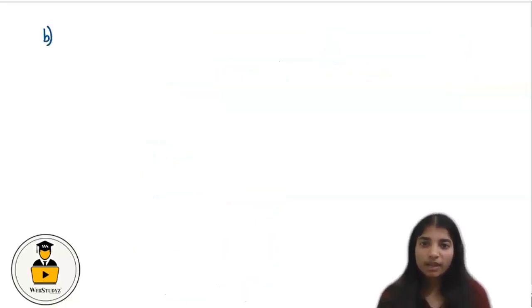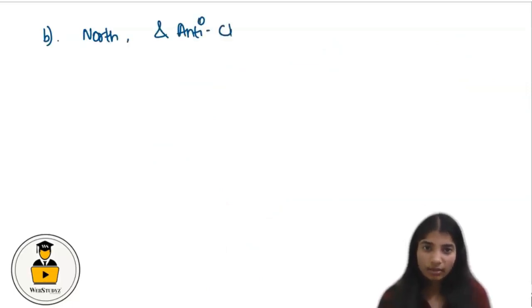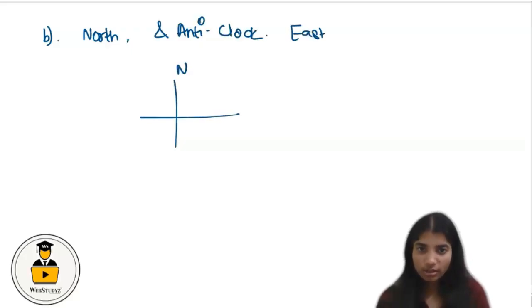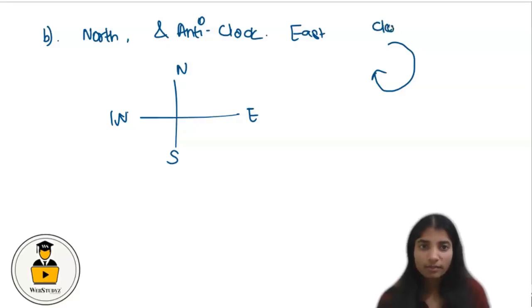In part B, we are given that it is at north and turns anti-clockwise towards east. Our directions are drawn this way: north, east, south and west. We know that if something turns in the clockwise direction, it will move in such a way, and if it is anti-clockwise, it will move in this direction.